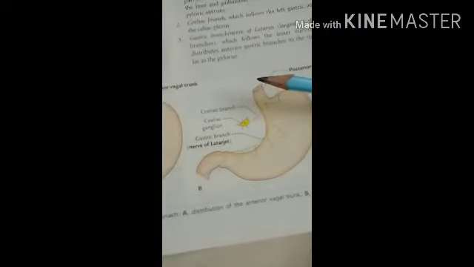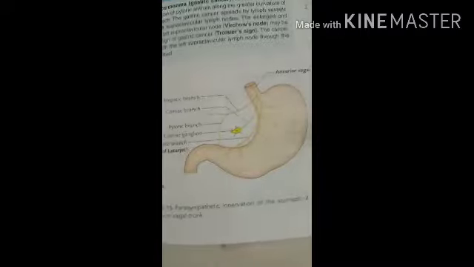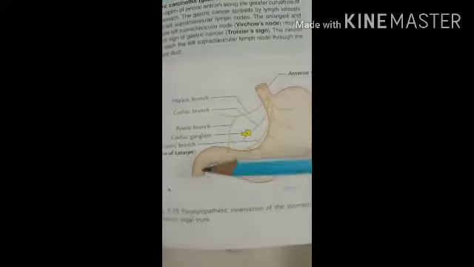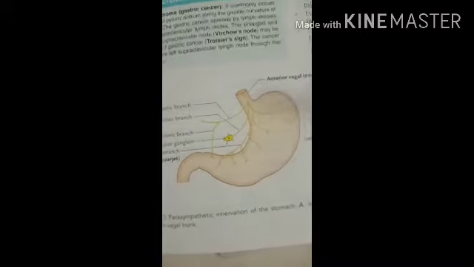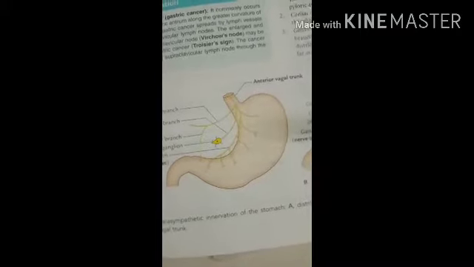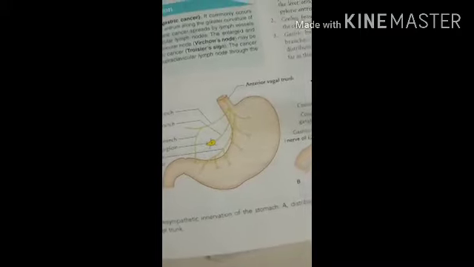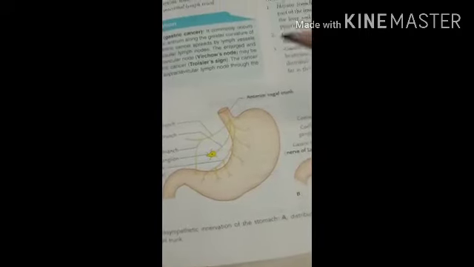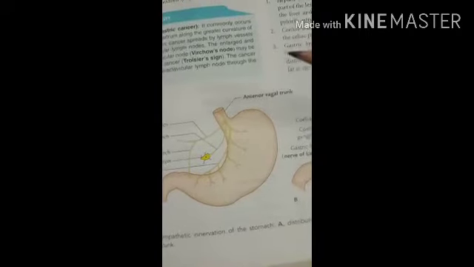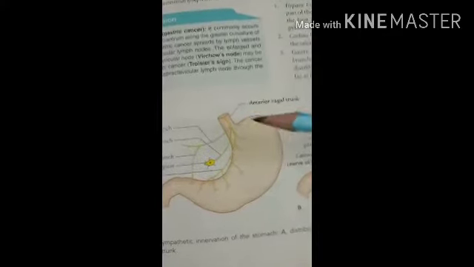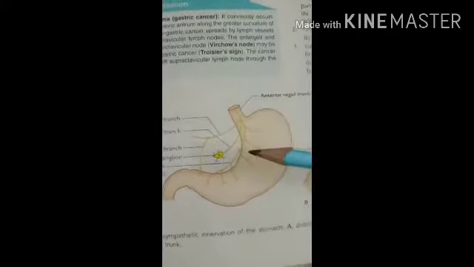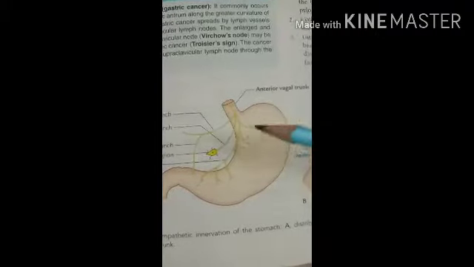Then the anterior gastric nerve. So here, this one, the posterior gastric nerve. Stimulation causes an increase in the motility of the stomach and in the secretion of gastric juice, that is the pepsin and the HCl. So that is the main function of the parasympathetic nerve supply.